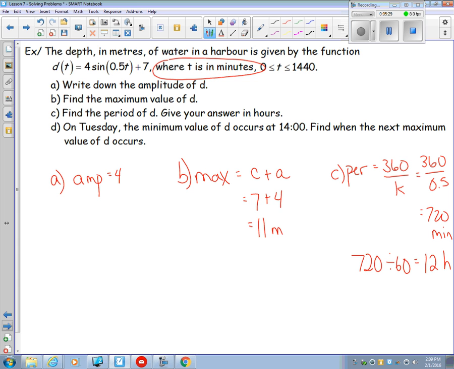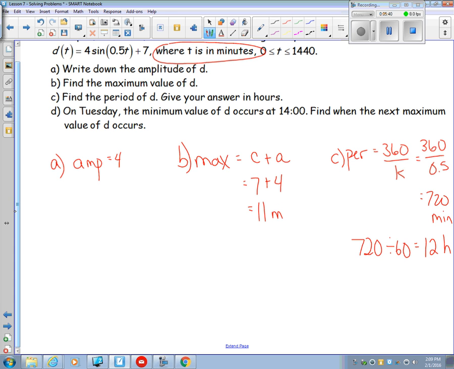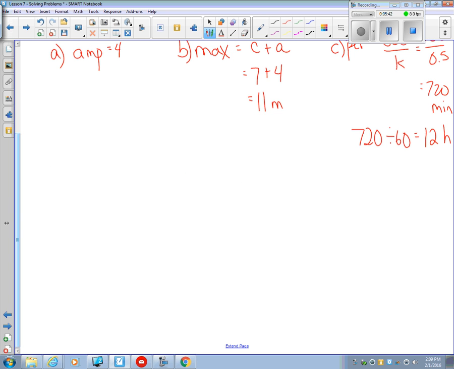On Tuesday, the minimum value of D occurs at 1400. That would be like 2 o'clock, right? Find when the next maximum value occurs. Well, we know our cycle is every 12 hours it goes through a whole thing, a whole period. So that means after 12 hours is one cycle.